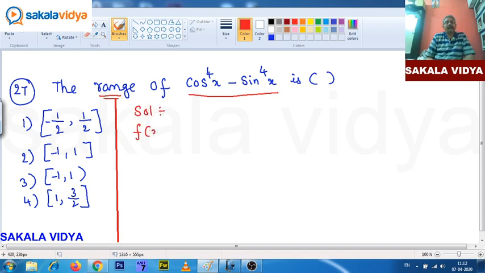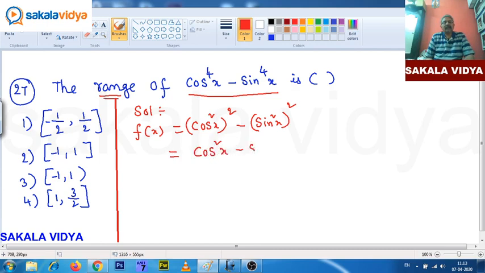F of x is equal to cos square x whole square minus sin square x whole square. Can I write it like this, which is in the form of a square minus b square. So, we have cos square x minus sin square x into cos square x plus sin square x.